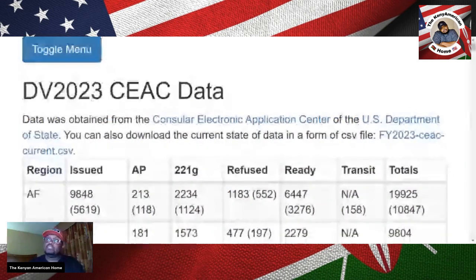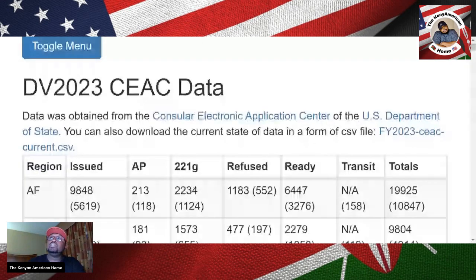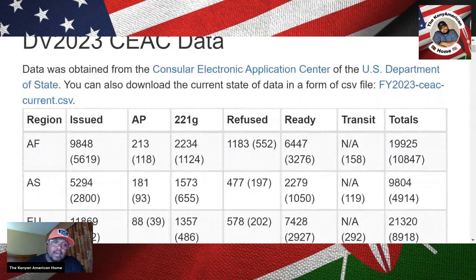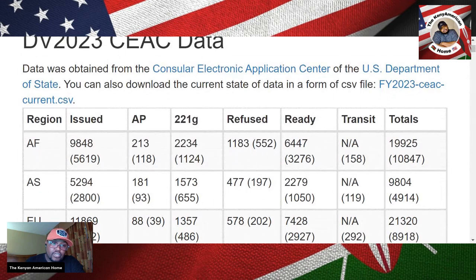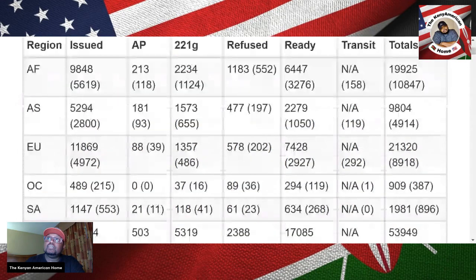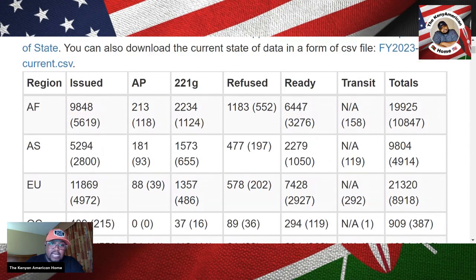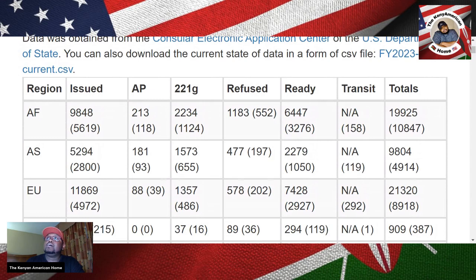It does it by year. So it gives you the DV 2023 visas and what the status is. You look at the regions: Africa, Asia, EU, Oceania, South America. Looking at Africa, Africa has issued 9,848 visas.